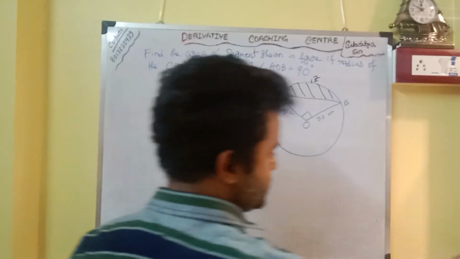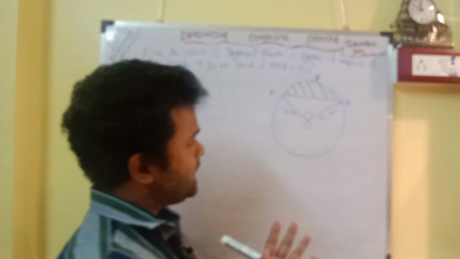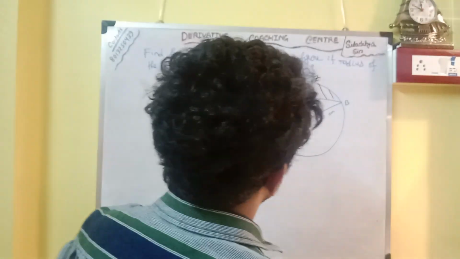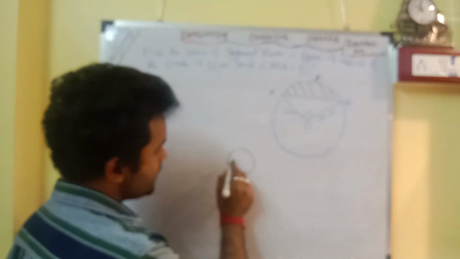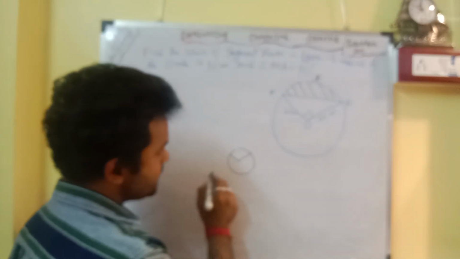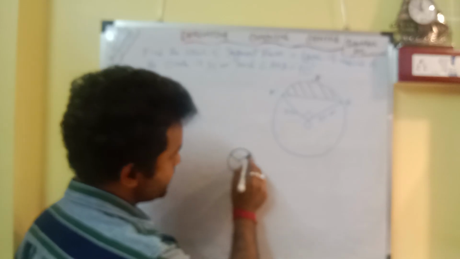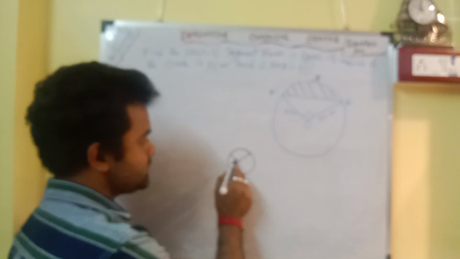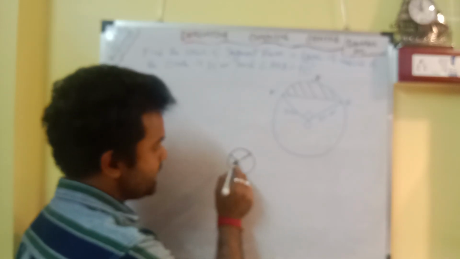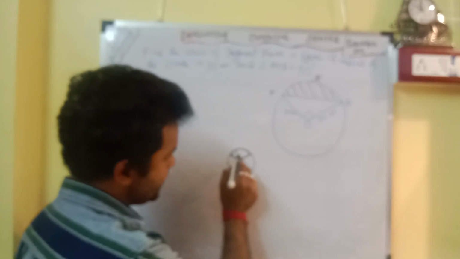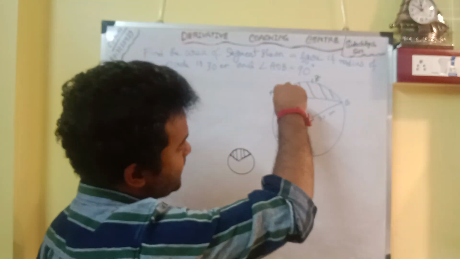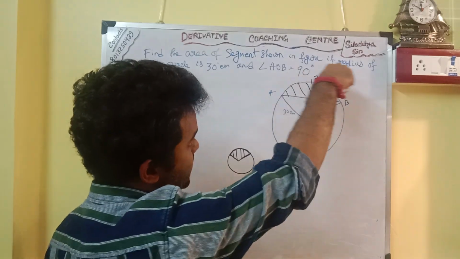First of all, you have to know the area of the sector. What is a sector? A sector means the area bounded by two radii and the included arc. So these are two radii, and this is the arc. This area is called a sector. Now we have to find the area of the sector OAZBO.